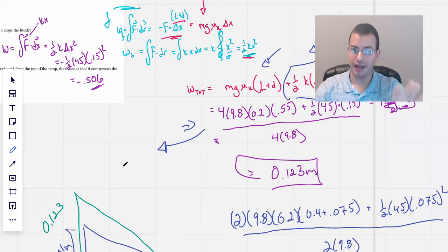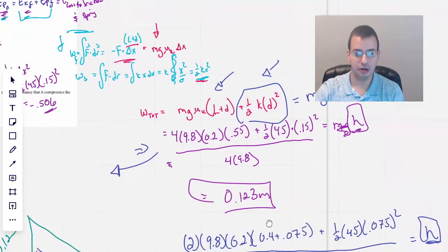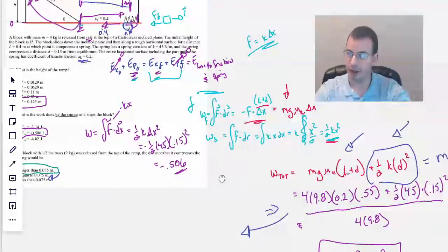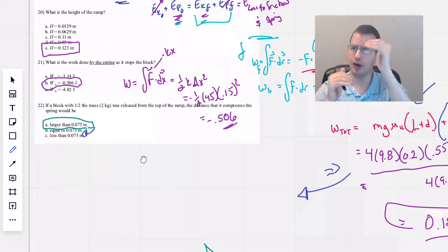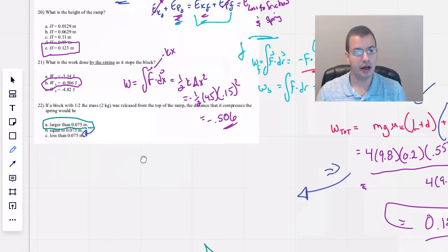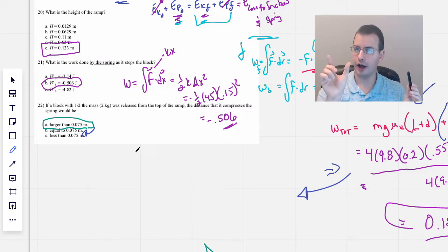Okay, so let me go through the logic of what I did real quick. So we already came up with an equation for how high the ramp had to be based on all these factors. We then used that to find out the height of our ramp. We were then asked a very oddly specific question: we have a block that's half the mass, will it compress the spring greater than or less than this semi-arbitrary number that they give us?